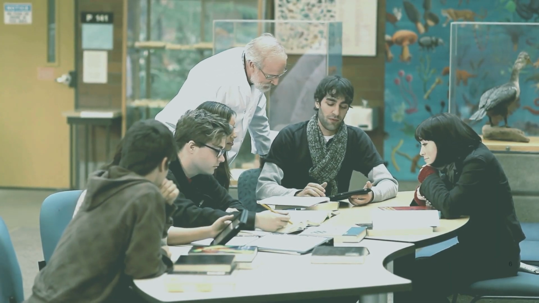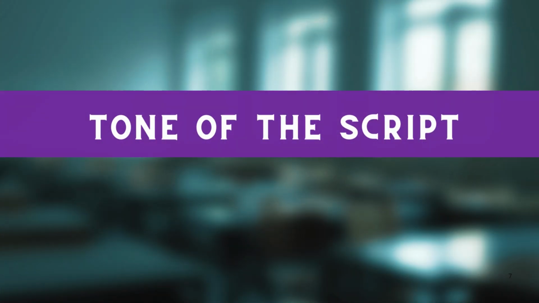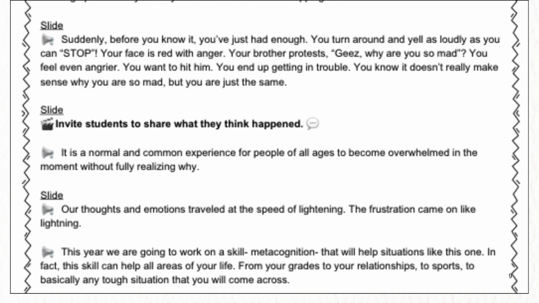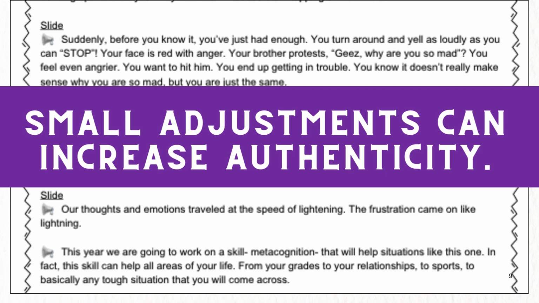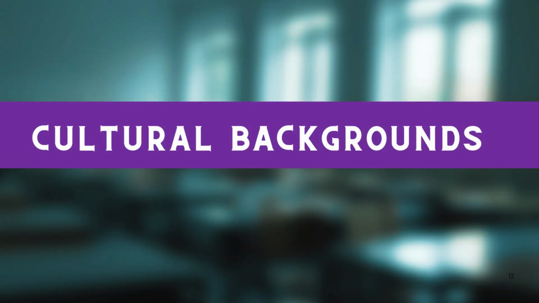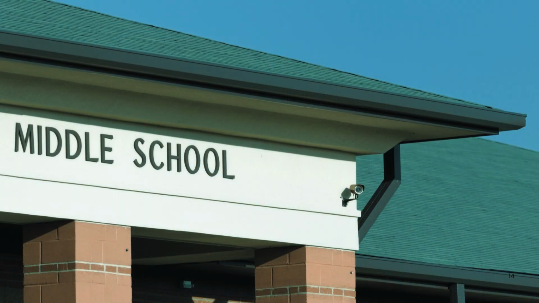The first planning area we will discuss is tone. While the content of the reading intervention curriculum is relevant for all adolescents, the script, which conveys the tone, may need to be adjusted to ensure authenticity. The tone of the intervention can be adjusted for different ages, maturity levels, and cultural backgrounds. The script was written with younger adolescents in mind, so the script has a middle school age tone.